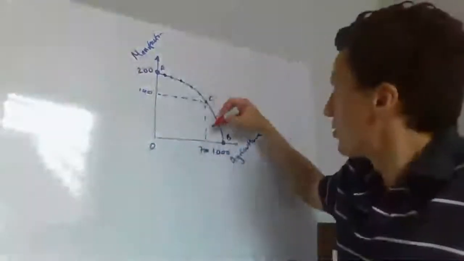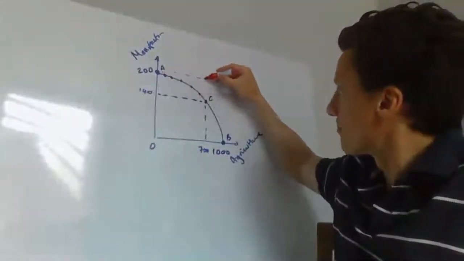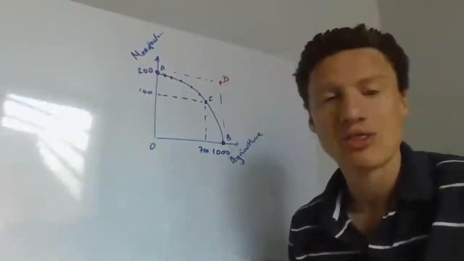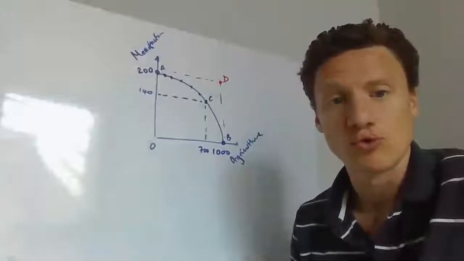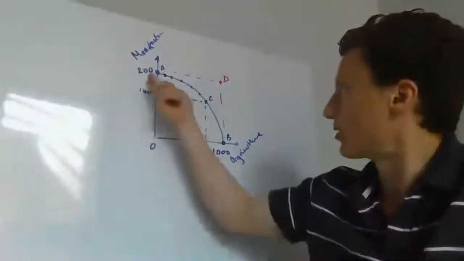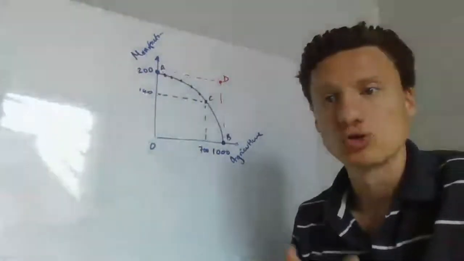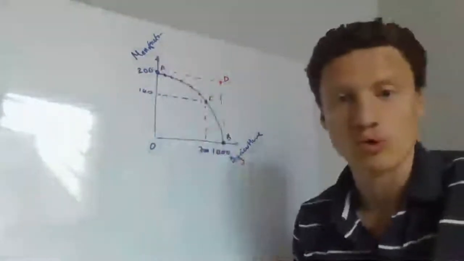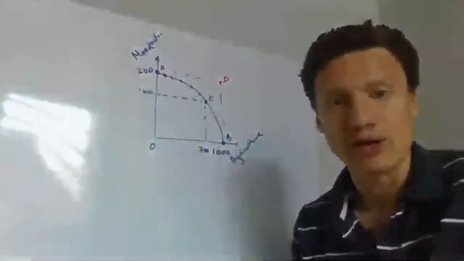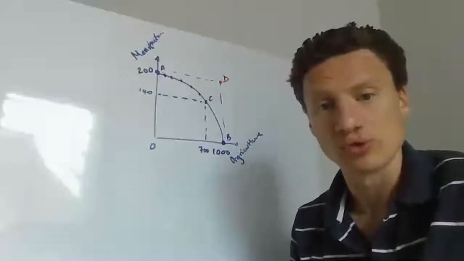What else do we know from the PPF? Well, we know that point D is at the moment unobtainable for this economy. Why? Because it simply doesn't have enough resources. We can only make at a maximum 200 manufacturing goods when we put all of our resources there, and at a maximum 1,000 agriculture if we put all of our resources there.